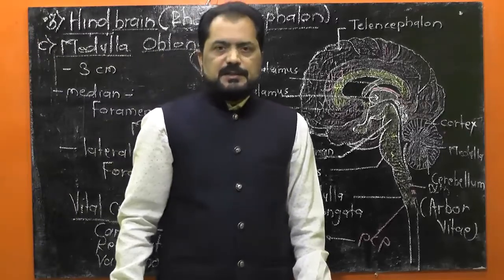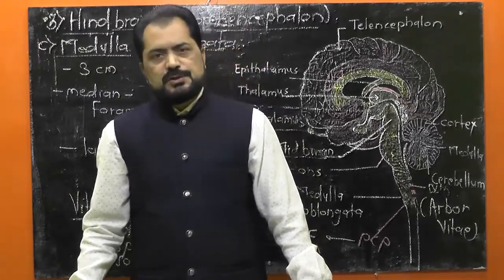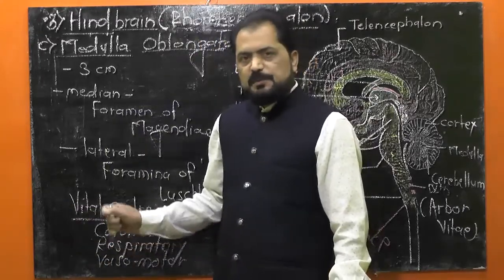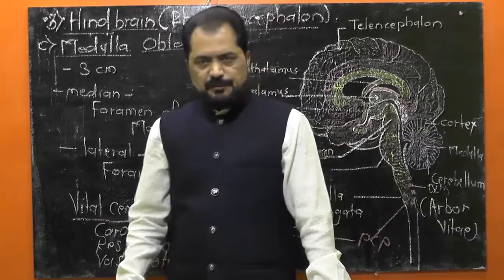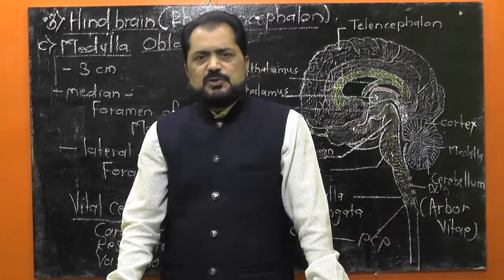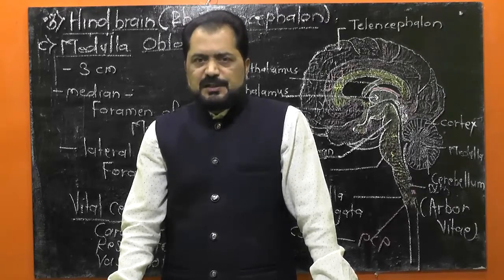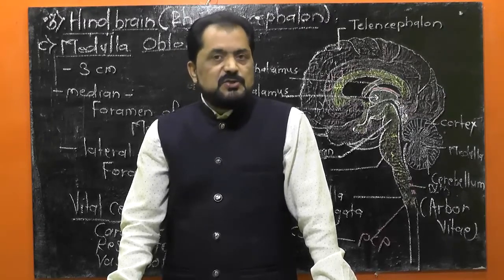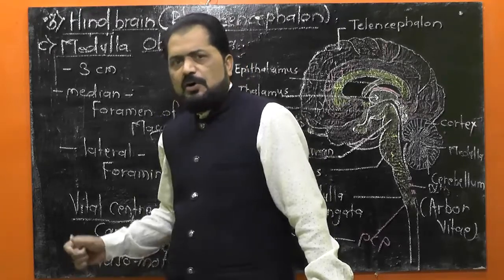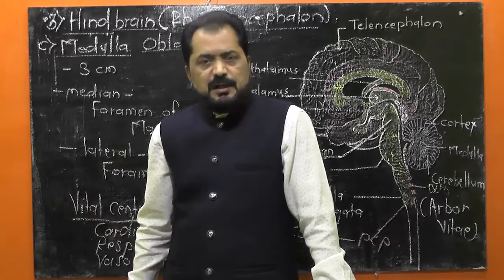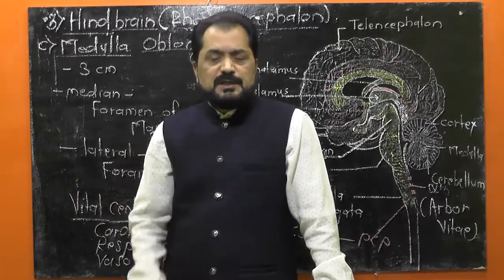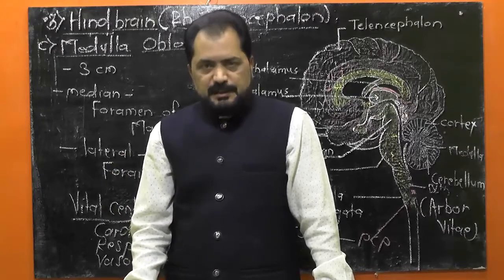So the medulla oblongata shows three major vital centers such as cardiac, respiratory and vasomotor center. And that's why whenever any little injury occurs to medulla, it leads to sudden death, because injury to the medulla disrupts the functioning of any one of these centers, and it leads to the sudden stopping of functioning of that center, and it leads to death.